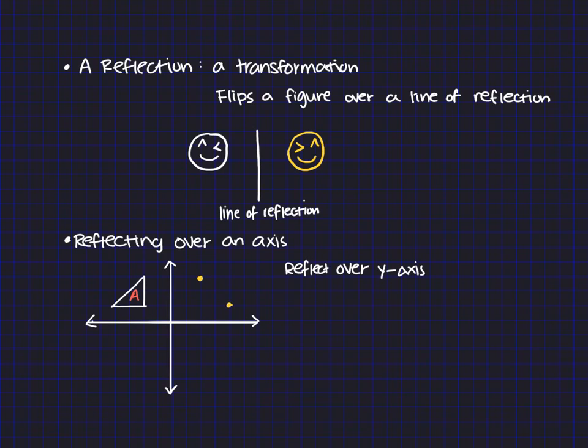And then for my last one, it's going to be 2 units away again, so it's going to be 2 units away right here. When I connect all of them, shape B is going to look identical on the opposite side from A. Okay, so this is the y-axis. How about the x-axis then?